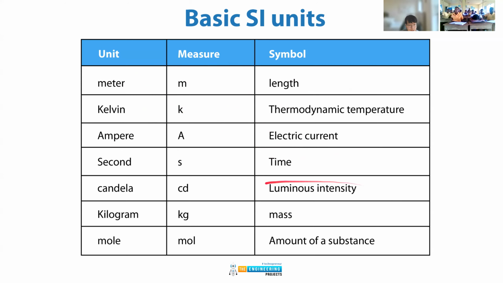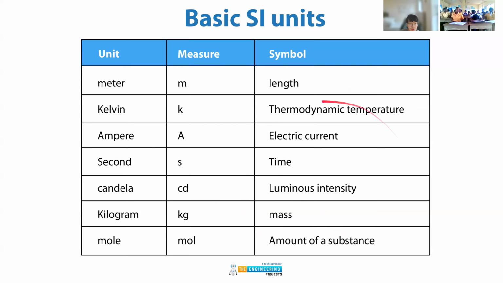For luminous intensity, it is candela, cd. For mass, it is kilogram for the basic unit. And for the amount of substance, it is mole. These are all the basic SI units.